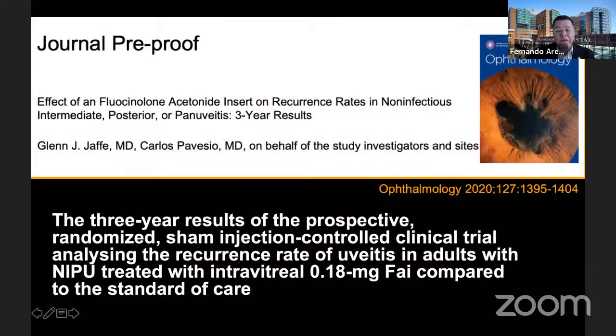This is a study that showed the 3-year results of the prospective randomized sham injection-controlled clinical trial, analyzing the recurrence rate of uveitis in adults with non-infectious posterior uveitis treated with the fluocinolone acetonide injection compared to the standard of care.